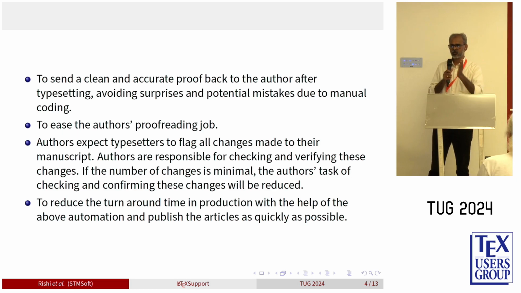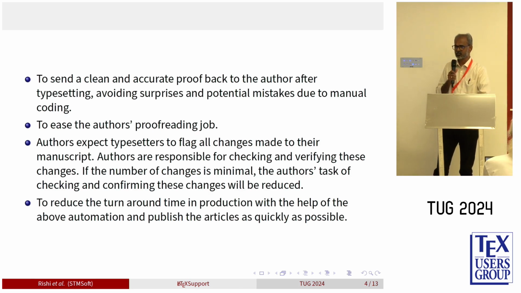The author who checks his proof needs to make sure the breaking of these equations is proper and nothing has been deleted or omitted. This is the author's responsibility also, so his job is increased. If they use the proper template and typeset it, the author's responsibility will be reduced, and he can send back the proof very quickly.